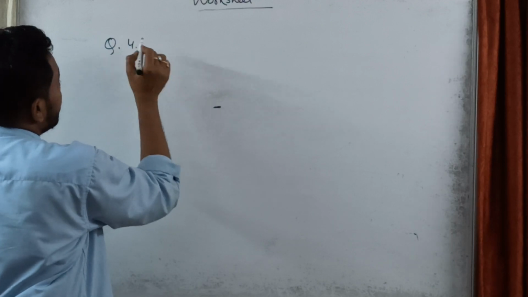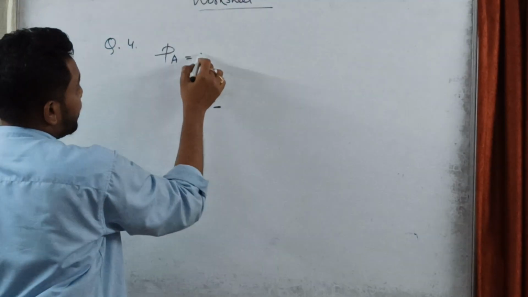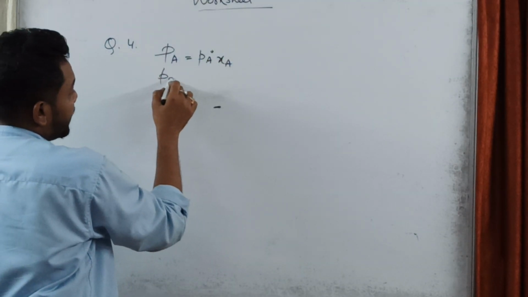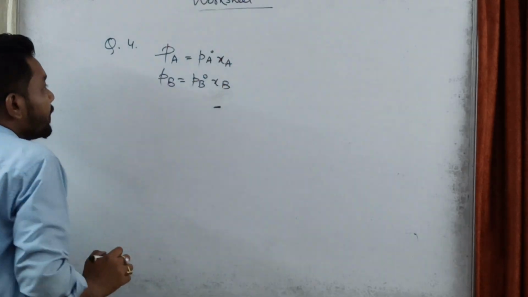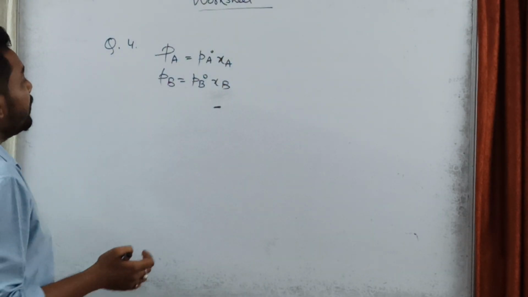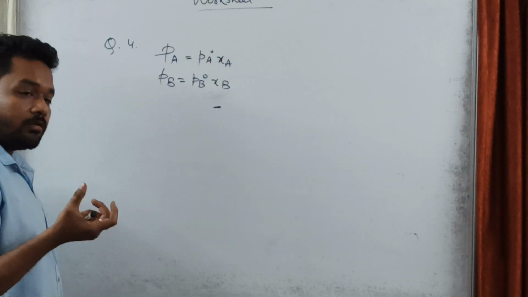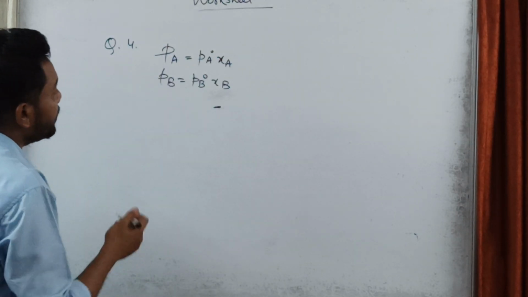For an ideal solution, the characteristic is Pa equals Pa0 x. And if you have solute B, then Pb equals Pb0 x. That means the expected pressure is equal to the calculated pressure. In that case Raoult's law is followed, and it is one of the characteristics of an ideal solution.